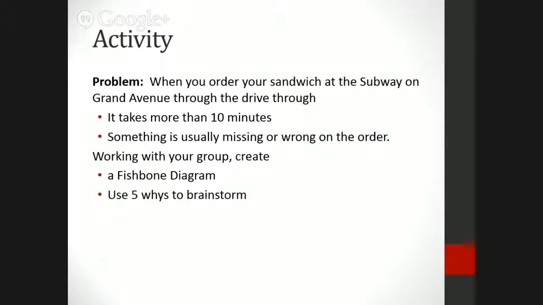When you order your sandwich at the Subway on Grand Avenue through the drive-thru, it takes more than 10 minutes. Something is usually missing or wrong on the order. Working with your group, create a fishbone diagram and use the 5 whys of brainstorming. So everybody get in your work groups, your special projects group.